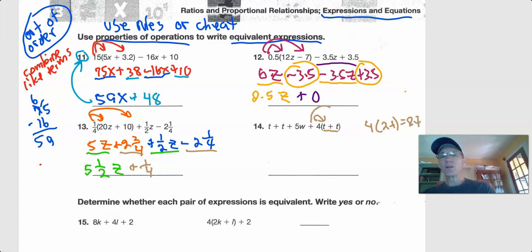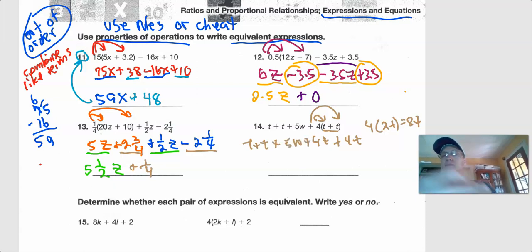Or you could do it like we did before. 4 times t is 4t plus 4t. Okay, you could certainly do that. And then copy the rest across. T plus 5w.